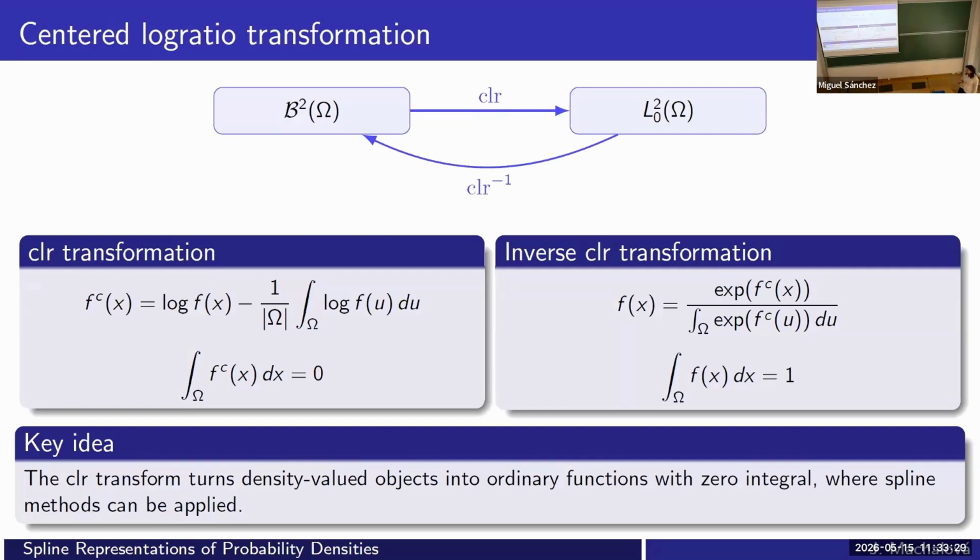And the CLR transformation for density function means that the integral, which is in Bayes space equal to 1, after CLR transformation is now equal to 0. We have, of course, inverse CLR transformation, which is in fact defined as an exponential of a function from L2 zero space, which is normalized to have integral equal to 1.